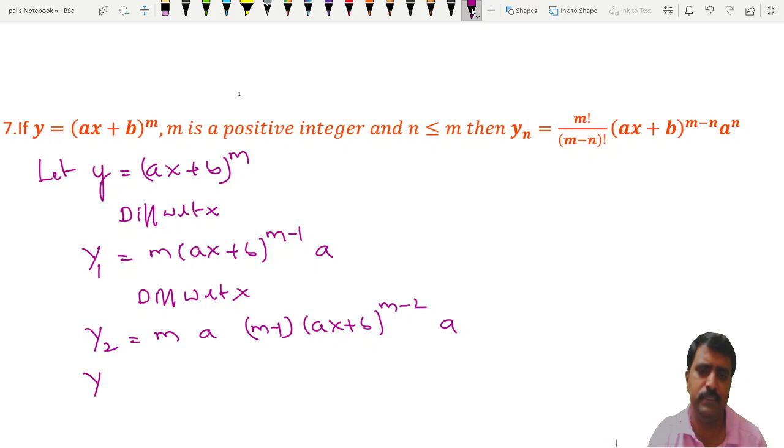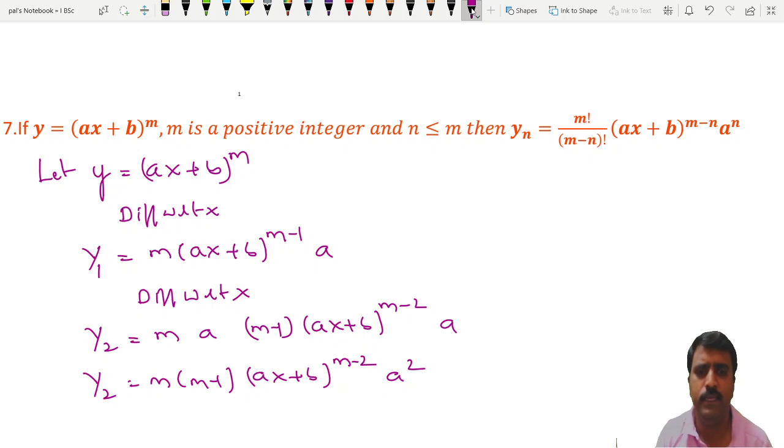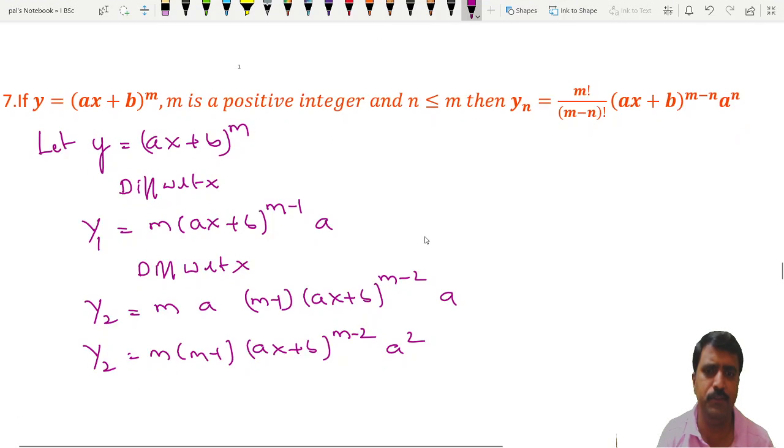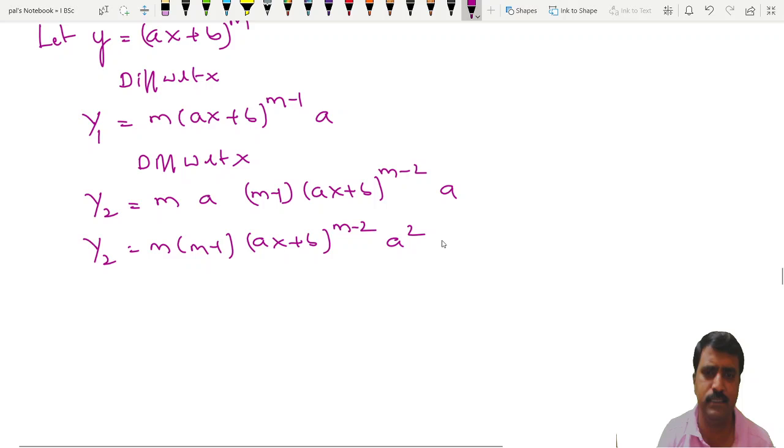So y2 is equal to m into m minus 1 into ax plus b to the power m minus 2 into a into a. A into a is a square. Yes, this is the second derivative of y with respect to x.